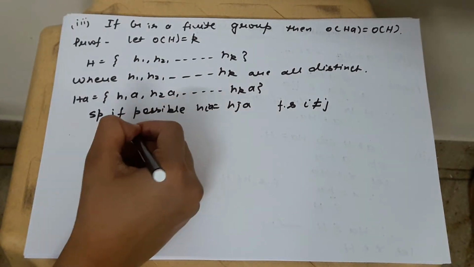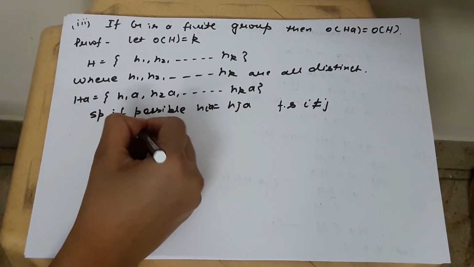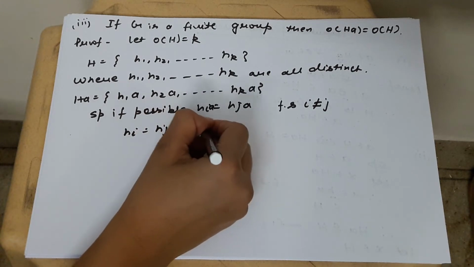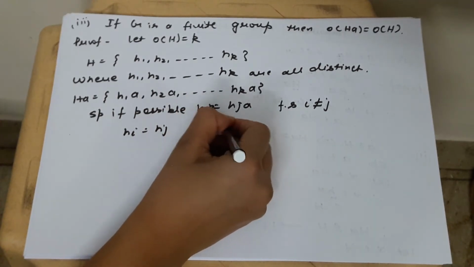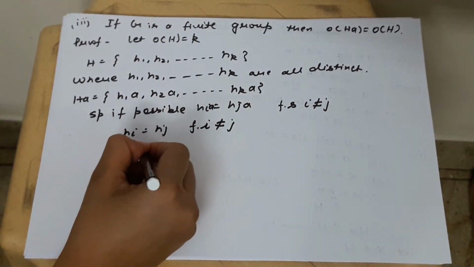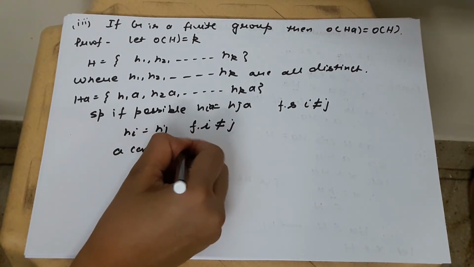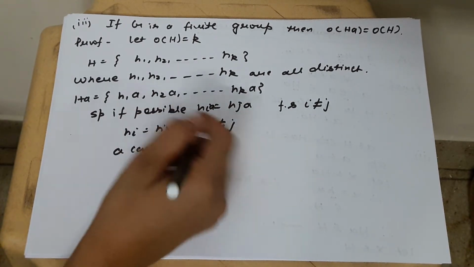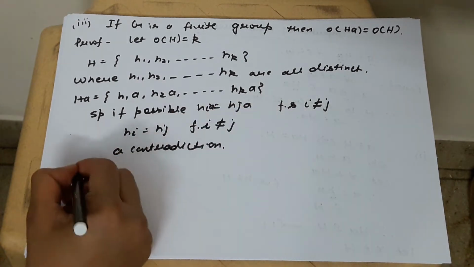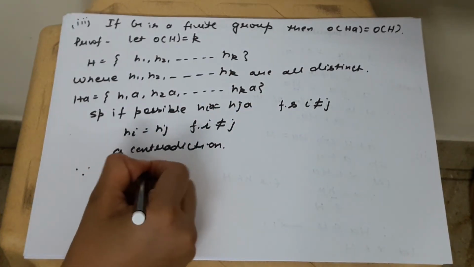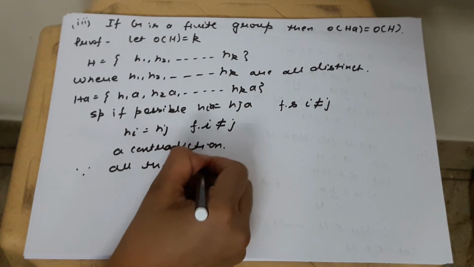Here a is there. Now by the cancellation property we have hi is equal to hj for i not equal to j, a contradiction, because all the elements of H are distinct.